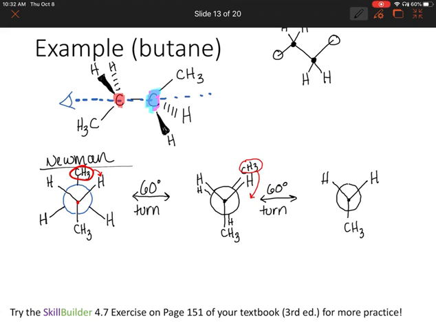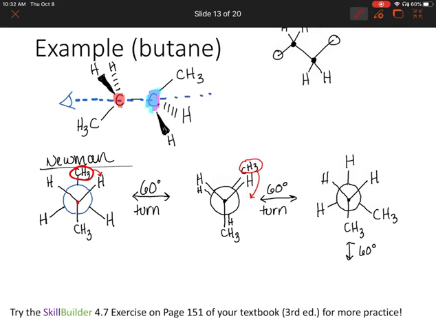So now that methyl group is down and to the right, and then the hydrogens are also moving, so they're kind of off to the bottom left and the top. Okay, so let's keep going. Let's go another 60 degrees.